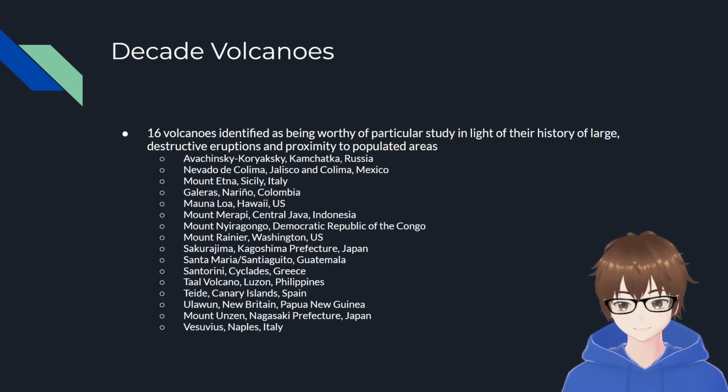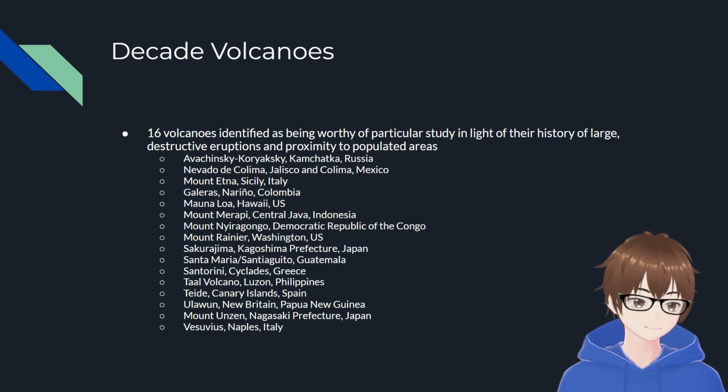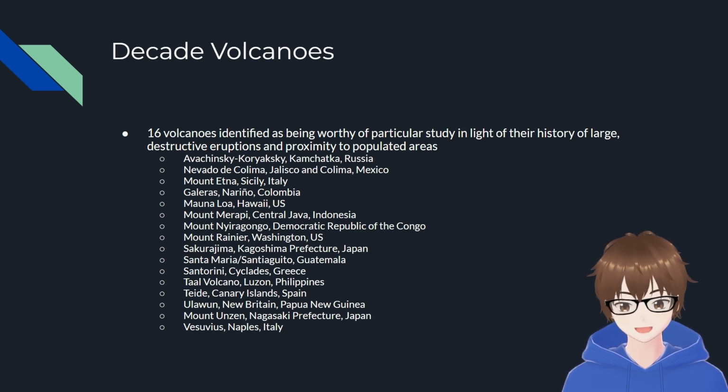So we have decade volcanoes, which are 16 volcanoes identified as being worthy of particular study in the light of their history of large destructive eruptions, and are also proximate to populated areas. So I'm not going to go over all of these, because there's quite a few, and also some of them are kind of hard to say. But this is the list of the 16 volcanoes, and we can see Vesuvius is on there that we talked about.